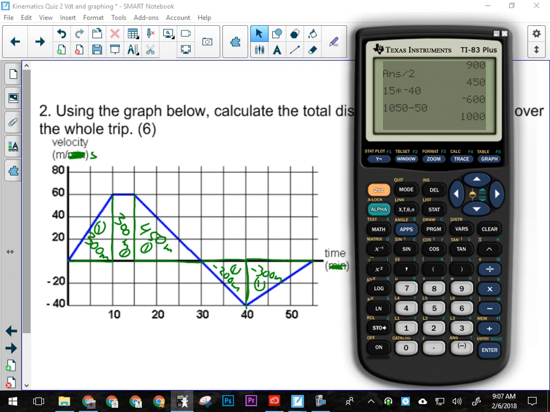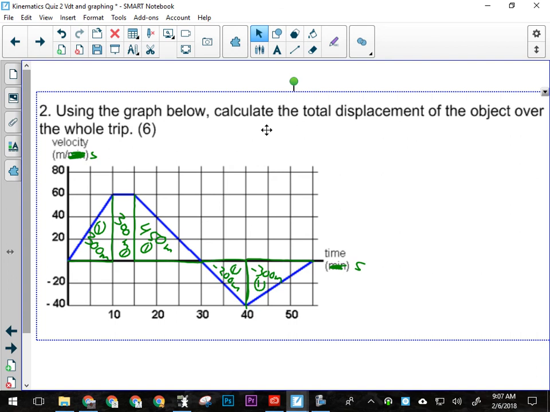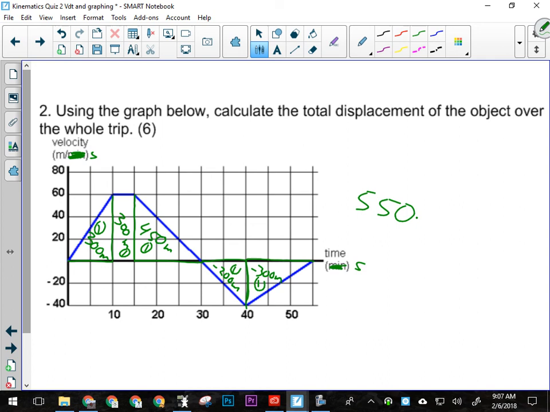So we're going to have 550 as our total displacement there. And that's going to be positive because they didn't tell us anything else. So that's your 6th and final mark for that question there.